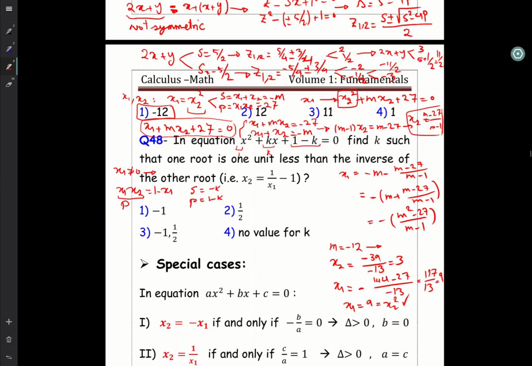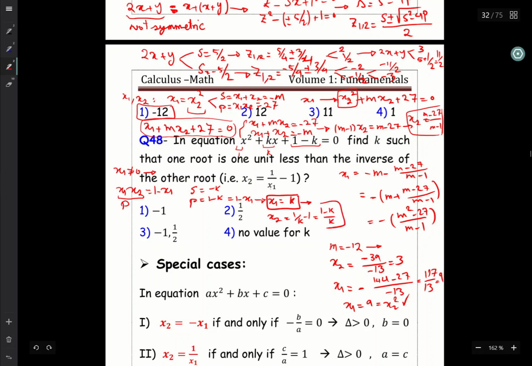But now we know that p, 1 minus k, should be 1 minus x1. Therefore, x1 should be k. So one of the roots, x1, is actually k. So the other root, x2, is 1 over k minus 1, or (1 minus k) over k.